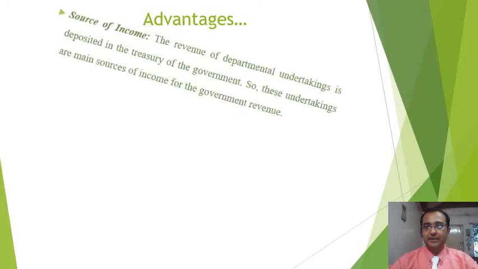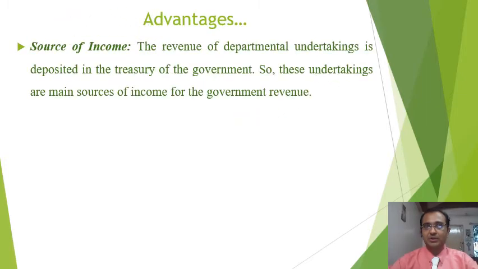Advantages continue, and the next one in the line is the source of income. When we discuss the source of income, we are talking about the source of income for the government. This departmental undertaking is a great and main source of income for the government's revenue, because whatever income or surplus is generated by the departmental undertaking, they have to deposit in the treasury of the government.